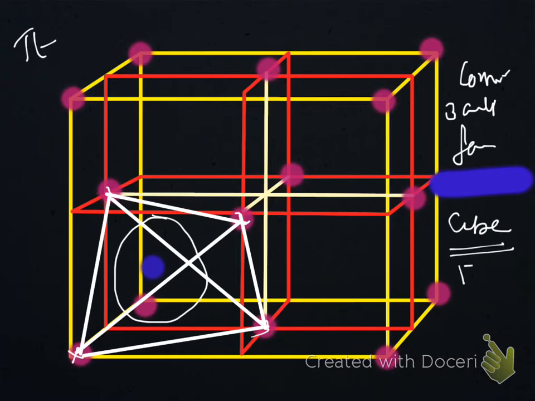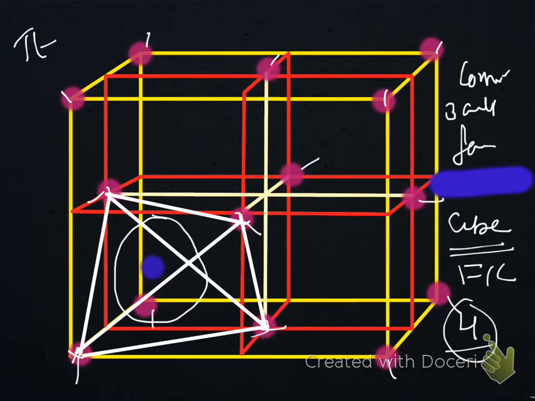This cube is arranged in FCC, so particles are 4 in number. 8 into 1 by 8 plus 6 into half. Totally 4 particles.